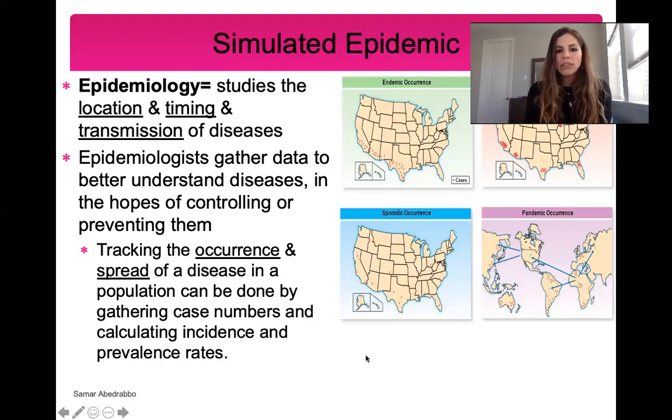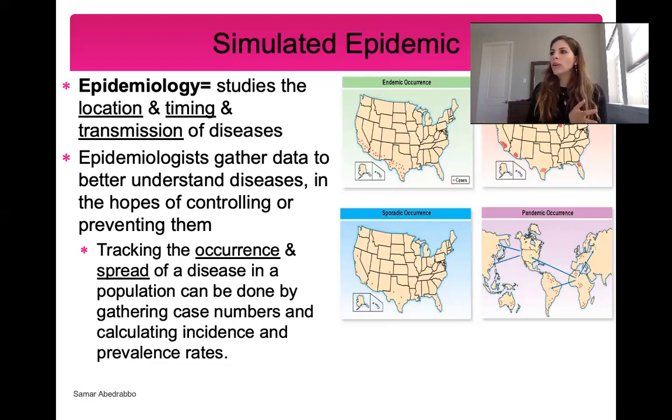Epidemiologists track the occurrence and spread of a disease, gathering case numbers: how many people are sick, in what country, and where it is spreading. Is it spreading more in South Korea, Italy, the US, or other countries?